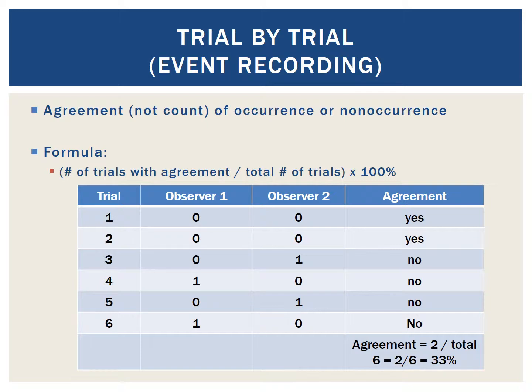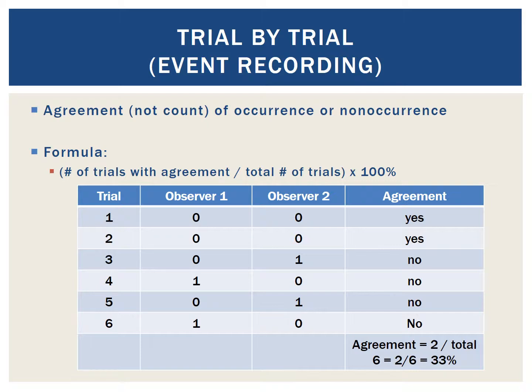So when you calculate inter-observer agreement with that method, you use the data you have. So in this case, did both observers indicate that the student was not independent on trial 1 or trial 2? And then on trial 3, observer 1 said the student was not independent or wasn't correct, and then observer 2 said that the student was. So with this type of data, you're simply recording, do the two observers agree on that trial, yes or no?